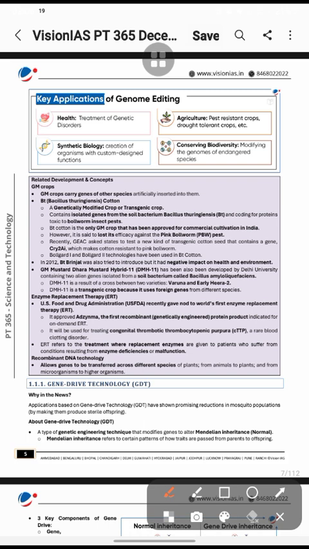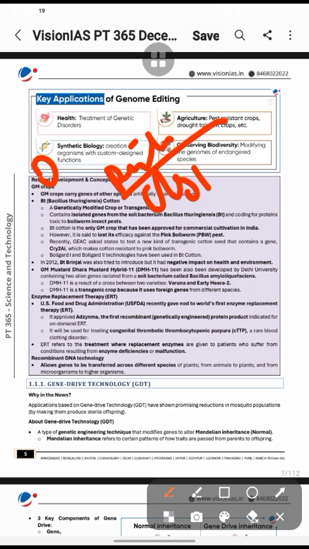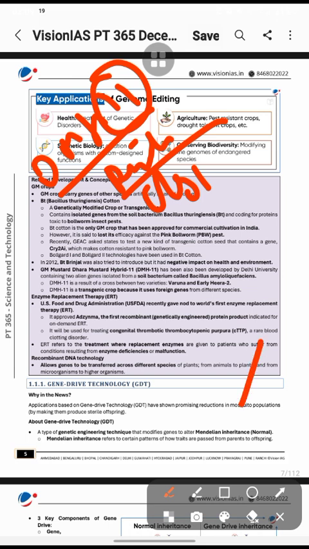It is resistant to the pink bollworm. Cry is the gene making cotton resistant to pink bollworm, that is Cry1Ac. GM mustard is Dhara Mustard Hybrid 11, DMH-11, which uses Bacillus amyloliquefaciens genes, and that is a transgenic crop.